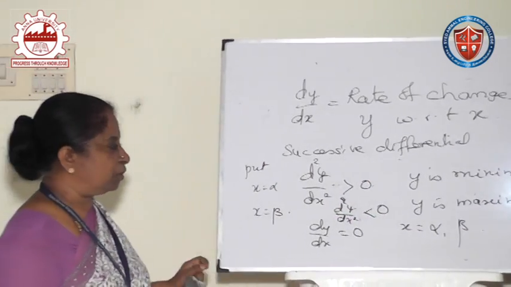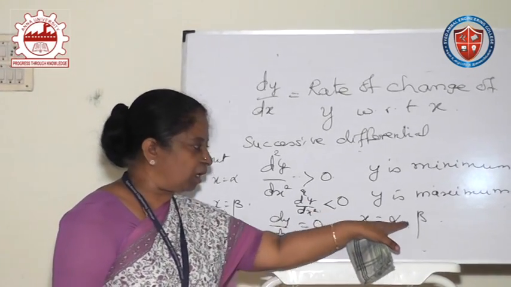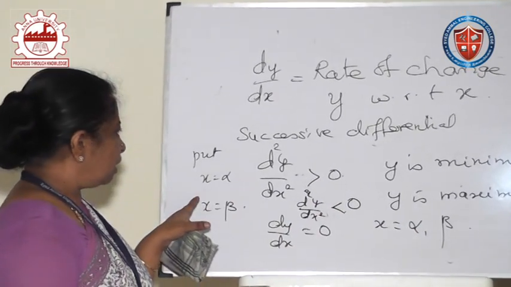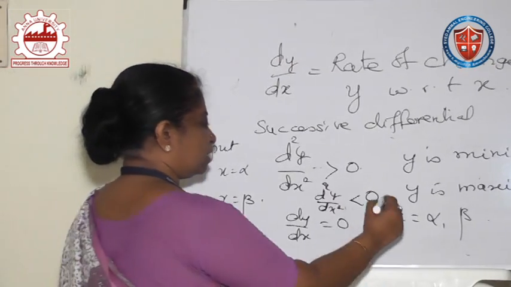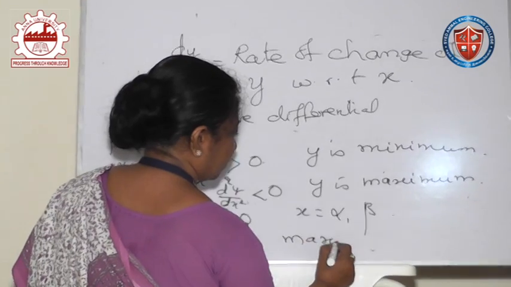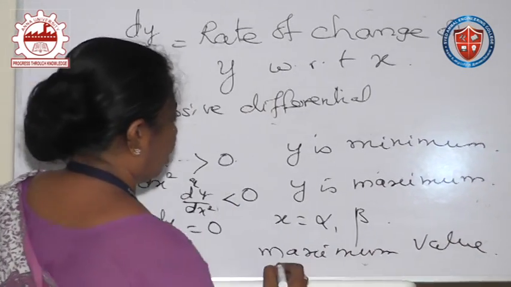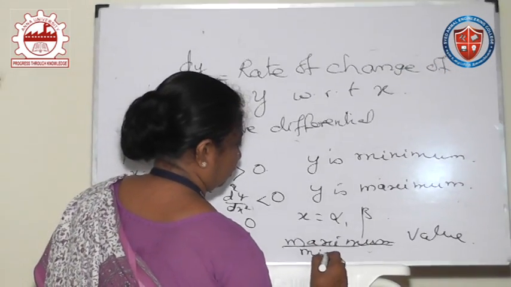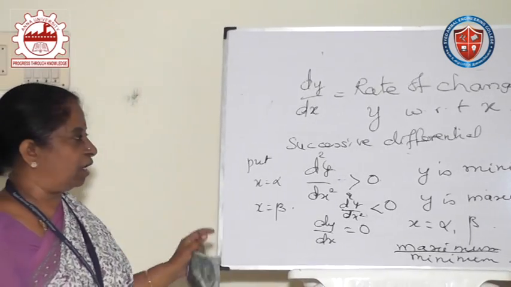When I substitute the value x equal to alpha or x equal to beta in my function y, then I get the maximum value or the minimum value.